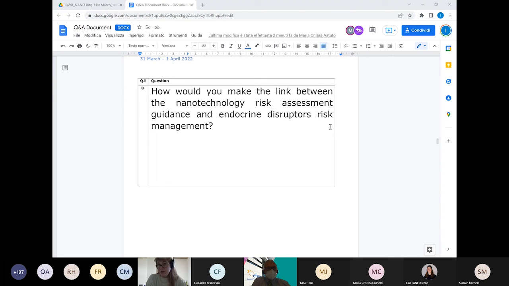And if the nanomaterial under the evaluation has the endocrine disrupting effect, then it will be assessed as such, and maybe this is the effect which will be the apical effect on which the health-based guidelines has to be established. However, what you ask is how this endocrine disruptor risk management confers with the nano guidelines. EFSA performs risk assessment, while risk management is in the hands of the Commission. I hope it answers your question.